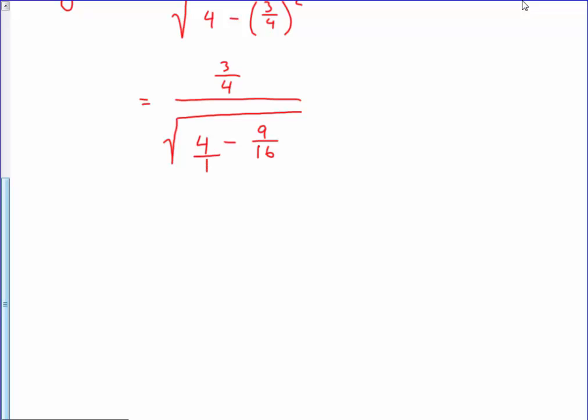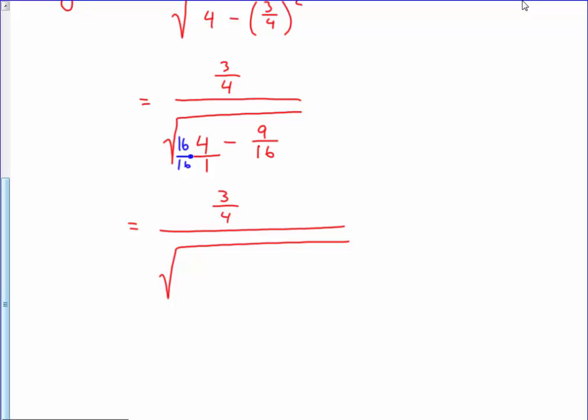To be able to subtract fractions, you have to have a common denominator. So I would put 4 over 1, and then to get a denominator of 16, I would need to multiply the top and the bottom both by 16. Notice that this all happens underneath the root, and it's like you're ignoring the root for right now.